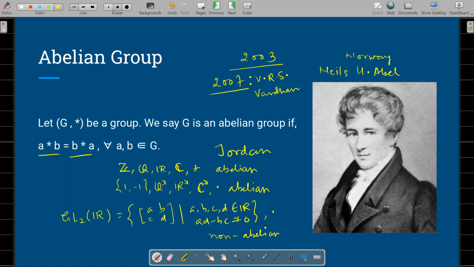So that is just notation for that group. Later on, we'll see some more groups.